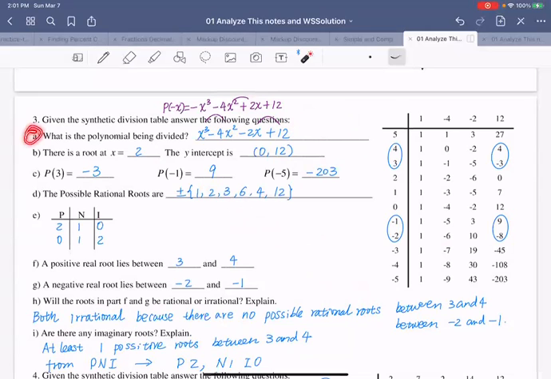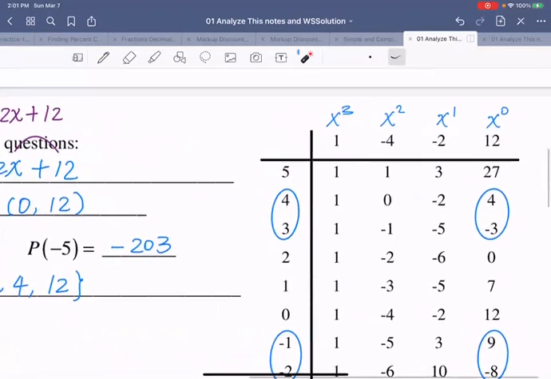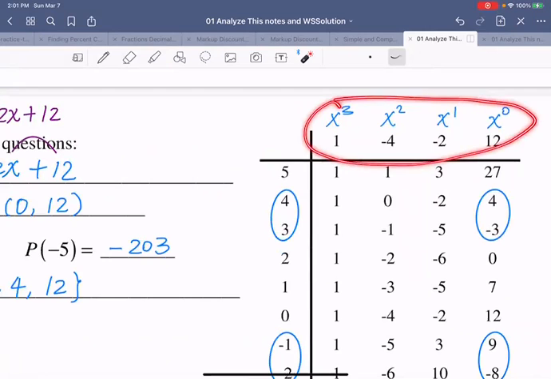The first question is not hard. Number 3, question 3. You start from the last and call this the constant term. So this is the constant term. You can write this down, no problem, right? So what's this polynomial?